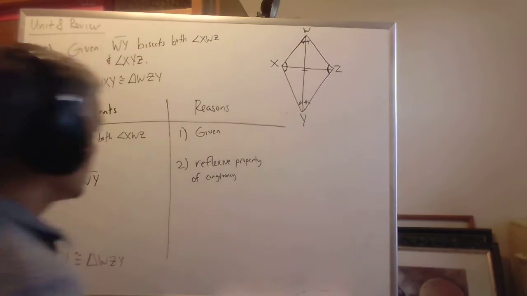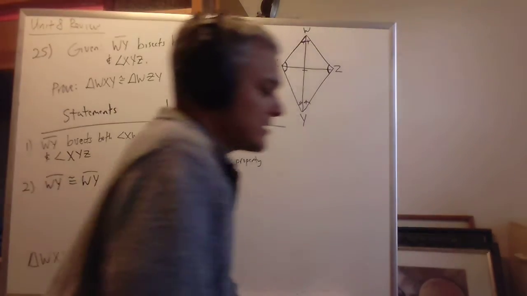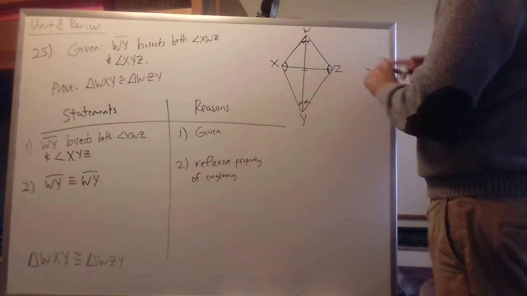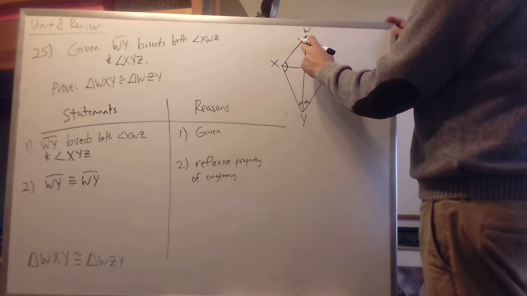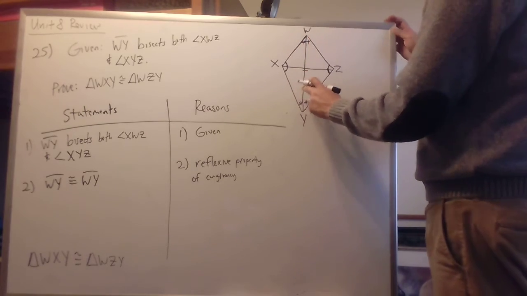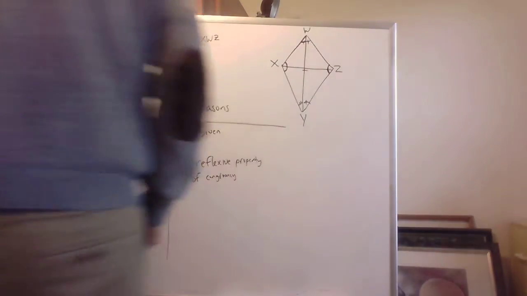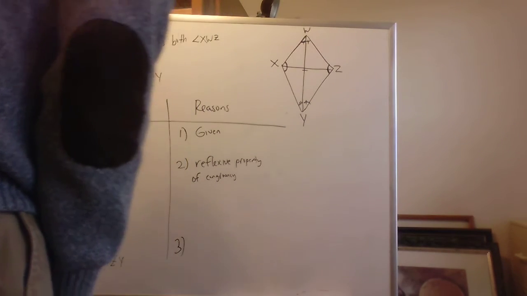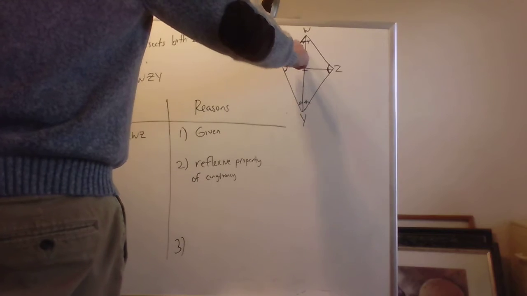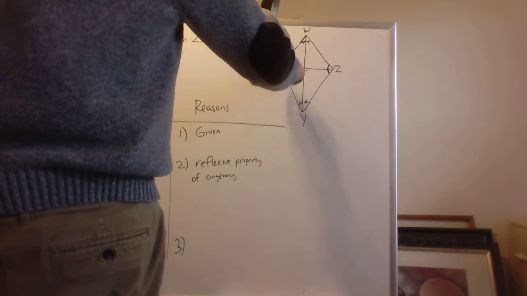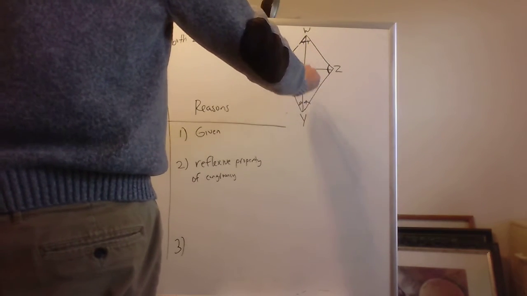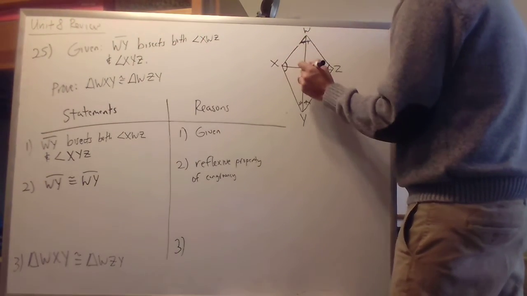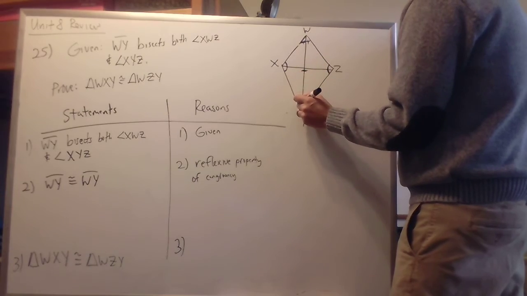Okay, so now we actually have proven that the triangle is congruent based on angle, side, angle. So we're just going to say that triangle WXY is congruent to WZY because we have an angle right here, we have an angle right here, a side, and an angle.